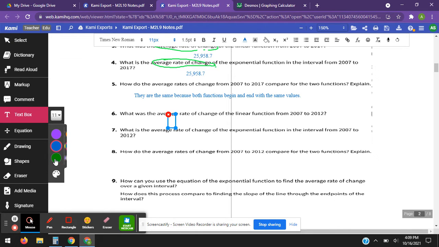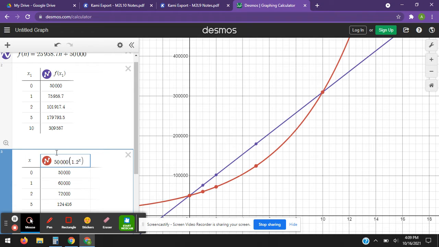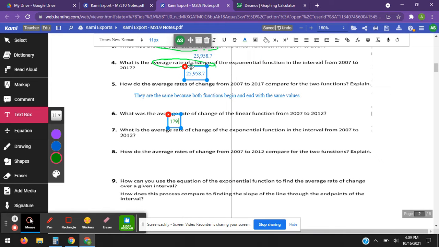So this is our linear. Let's do it in green. It was 179,793.5. So that's our year 12, and that's minus 50,000, our original.